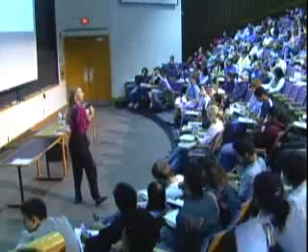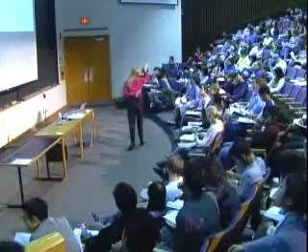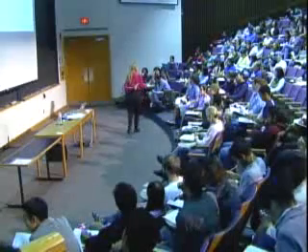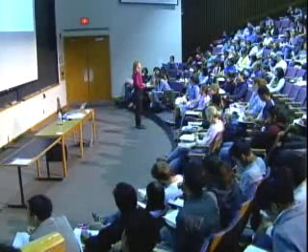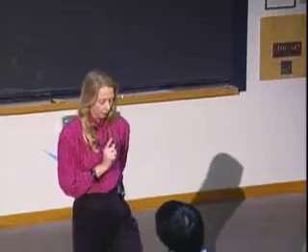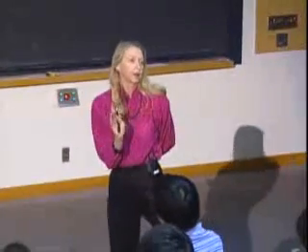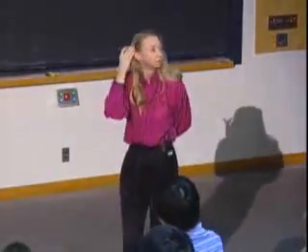All right? However, most of the time when we talk about ionization energy, we don't use the word first. If you see a table of ionization energies, they don't say first. That first is implied. All right?